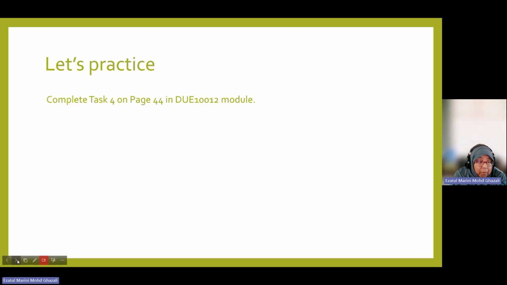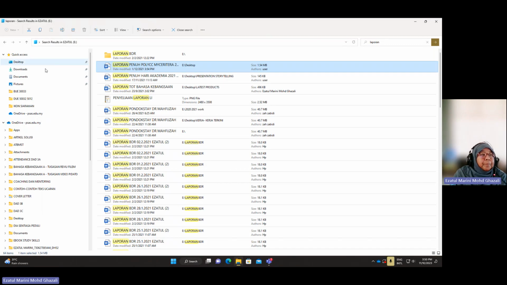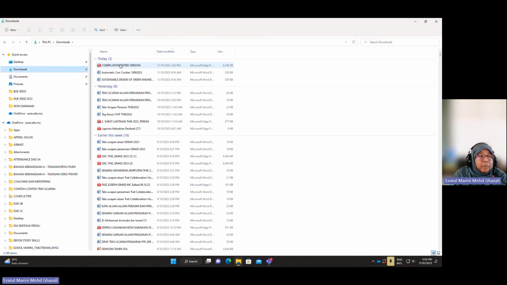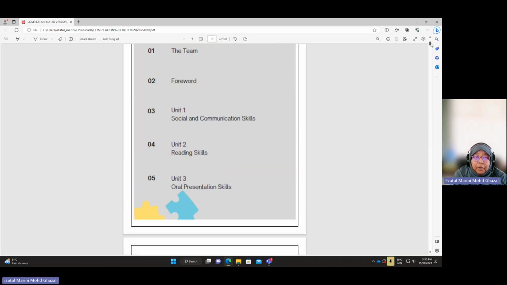Right, if you look at your module on page 33, there is an example of skimming. Let me show you. Page 33 of your module.